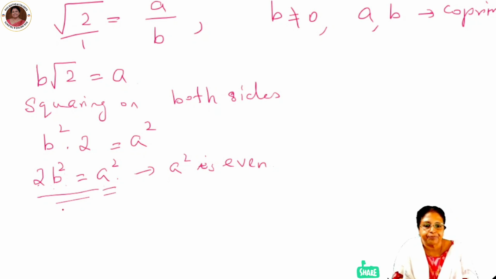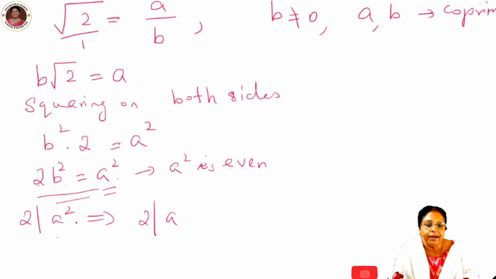That means 2 divides a square. You can say like that. Then the theorem we have just seen, that 2 divides a square implies 2 divides a. That is theorem 1.2, we have seen just now.